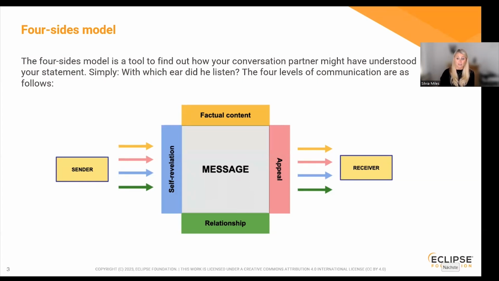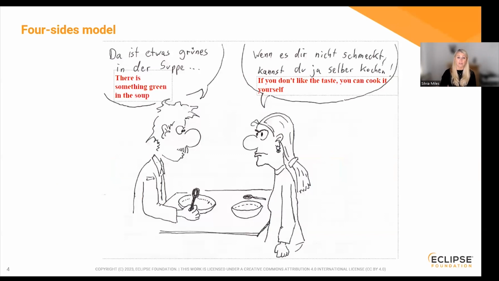Let me try to explain to you with a little example what it means. As you can see in that picture, there are a woman and a man sitting at a table and eating a home-cooked meal. And the man says, "There's something green in the soup." And the woman answers, "Oh, if you don't like the taste, you can cook it yourself."